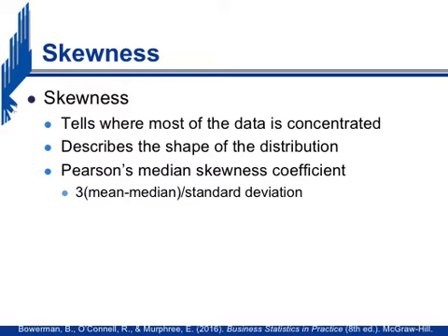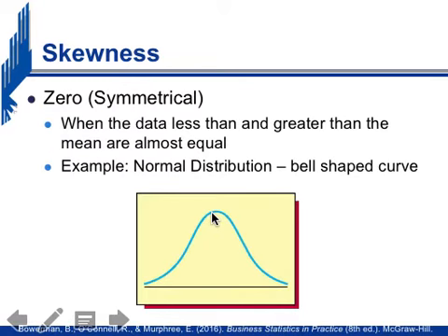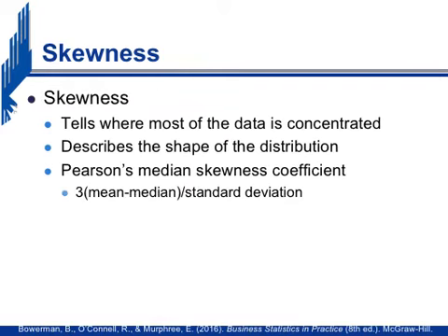So, if you compute the coefficient and the formula gives you a 0 skewness coefficient, it says that the distribution is actually symmetrical. And if you go back to the formula, when will you get a skewness coefficient of 0? It will only be possible if the mean and the median are equal. That's the only time when the skewness coefficient will be equal to 0.